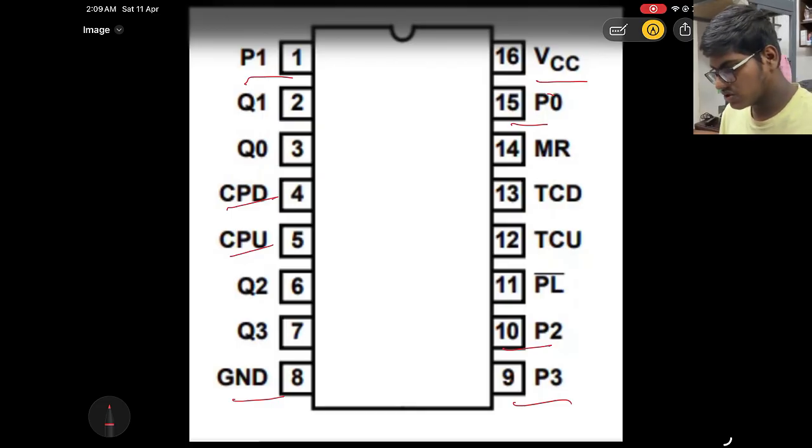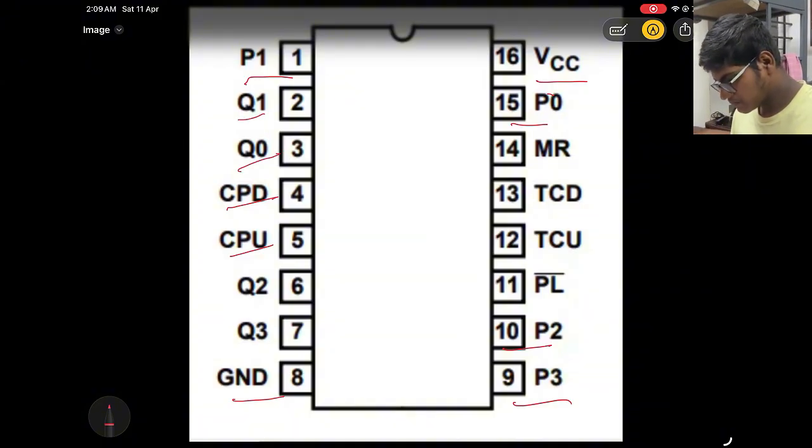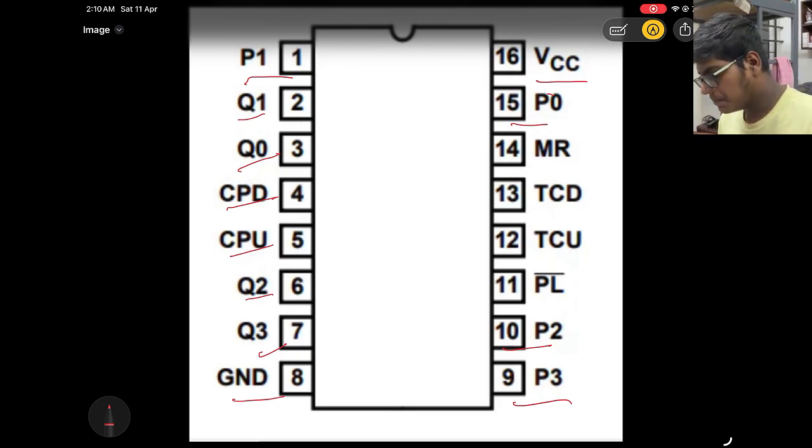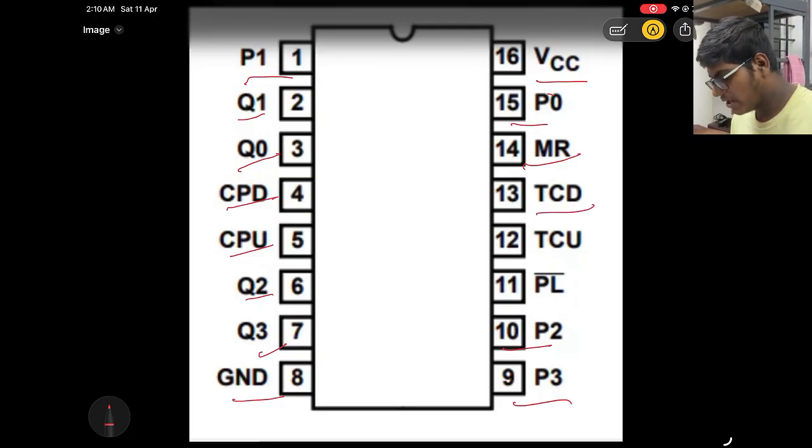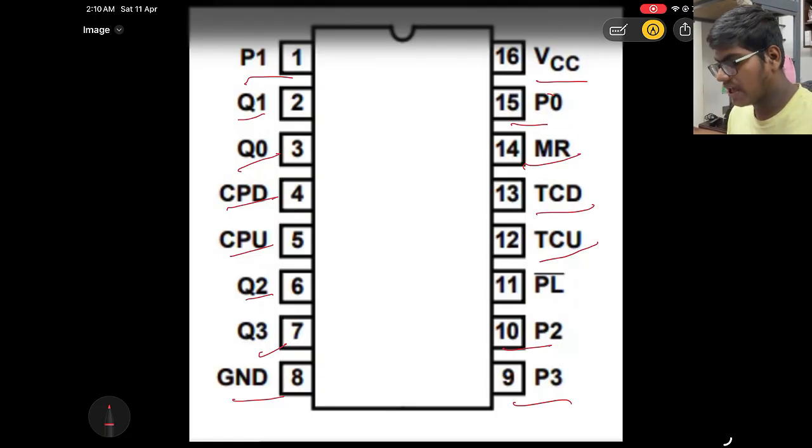Pin 5, CPU, is used for up counting, and pin 4, CPD, is used for down counting. Pins 3, 2, 6 and 7 are used as output pins, and pin number 14 is the reset pin, and pin numbers 13 and 12 are the carry and borrow pins.